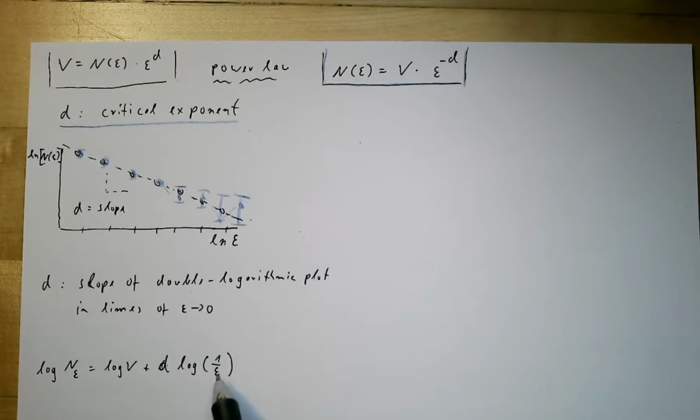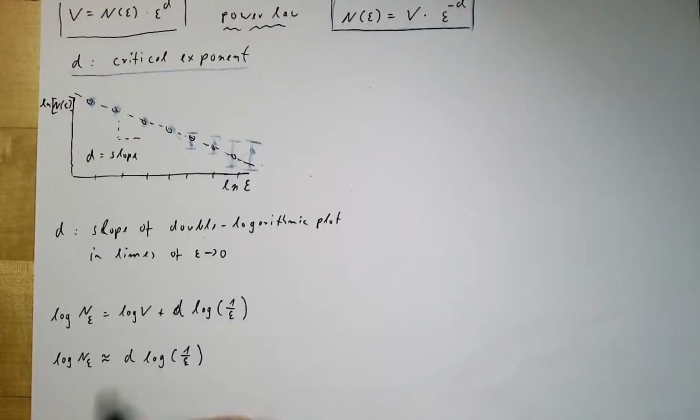And so we can forget then the log of v compared to the others. So log of n epsilon is approximately d, the dimension, times log of 1 over epsilon.